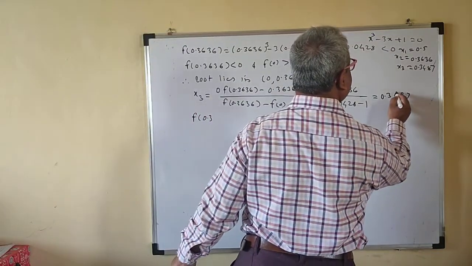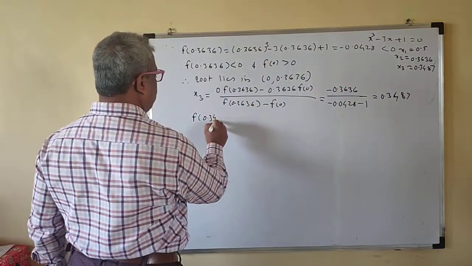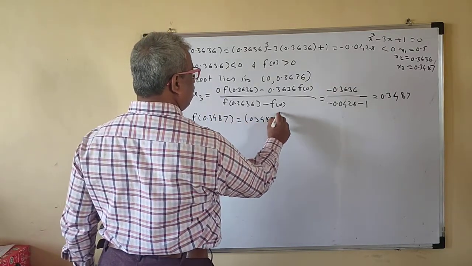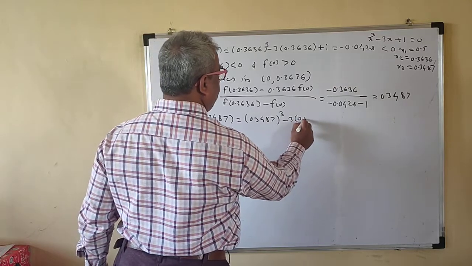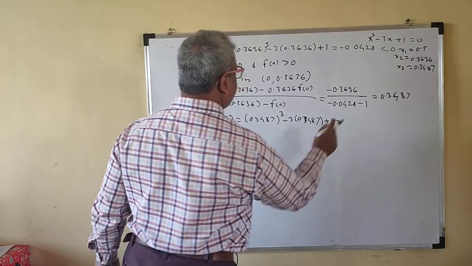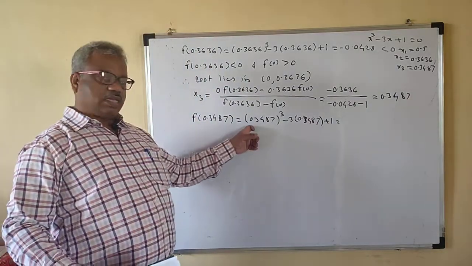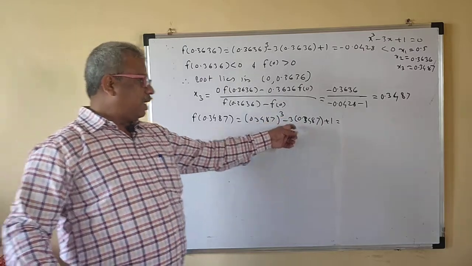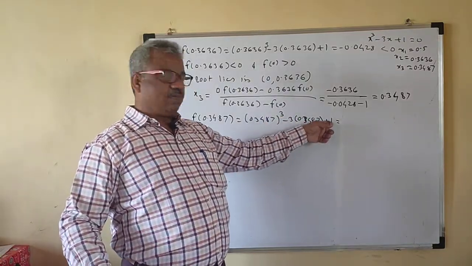This is 0.3487 cube minus 3 times 0.3487 plus 1. Just type the bracket with this number, bracket complete, cube minus 3 bracket this bracket complete plus 1.